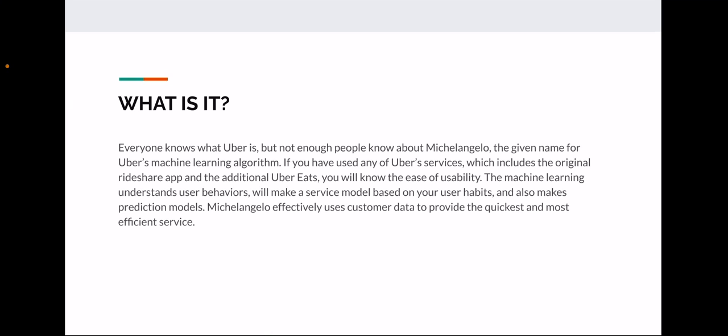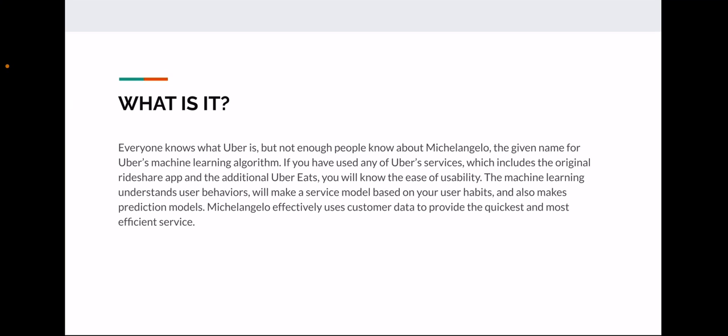At certain points there were so many people using the app at one time that both riders and drivers, well before Uber Eats was an additional feature, were experiencing slow responses and were not getting the efficient service they were looking for.